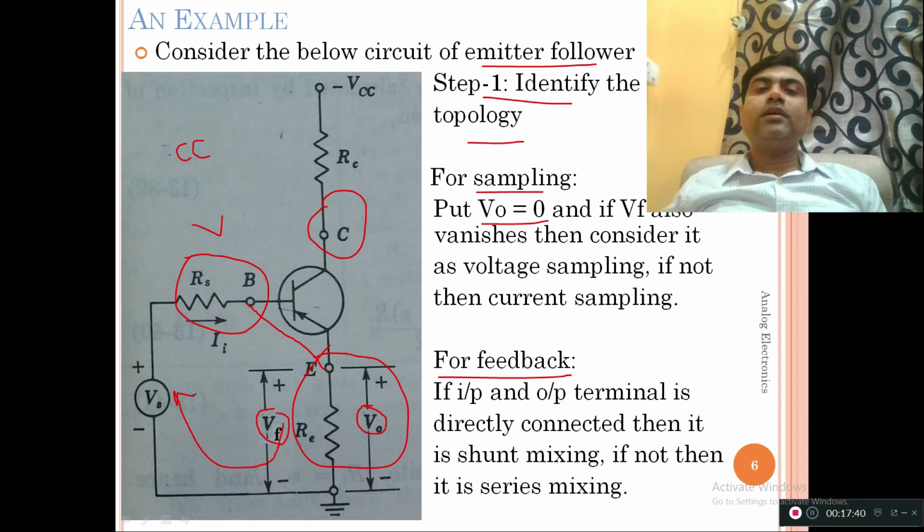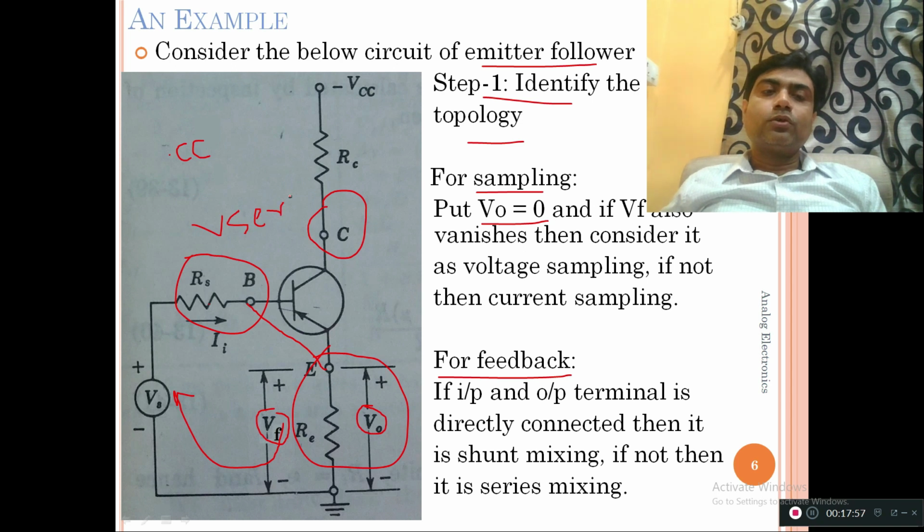Likewise, you can say whether the mixing is in the series form or in the shunt form. So here we can already say that the mixing is done in the series form.